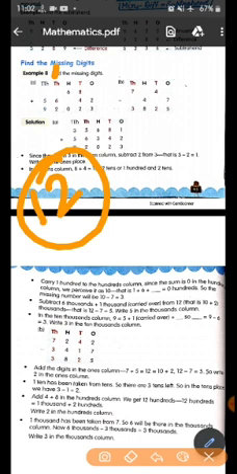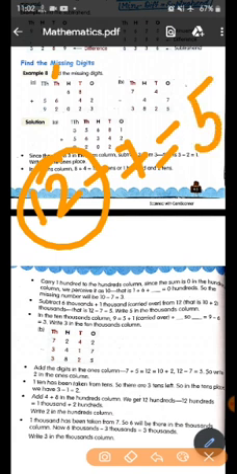So 6 plus 1 is 7. 12 minus 7 gives us how much? Tell me. 12 minus 7 gives us 5. So on the place of thousands we will write 5. Then 5 plus 1 as carry is 6, and 6 here gives us 12.